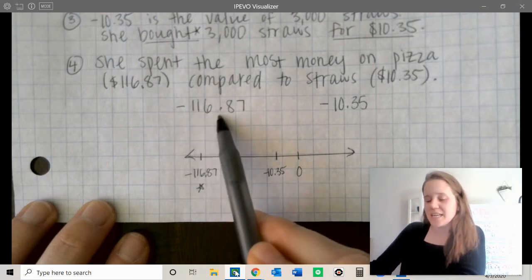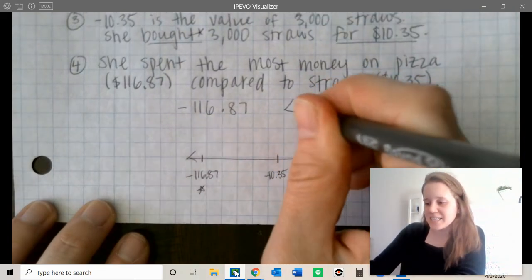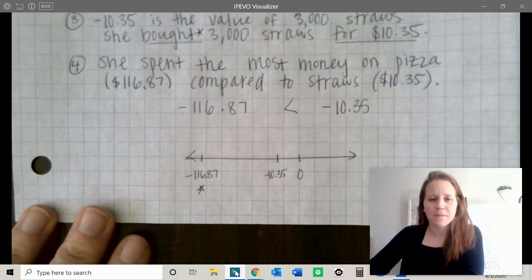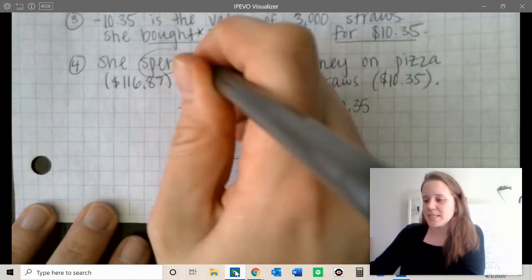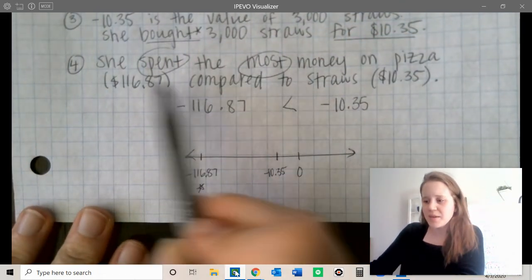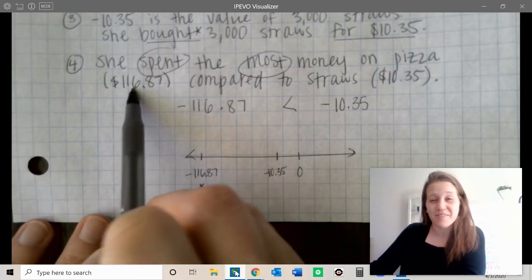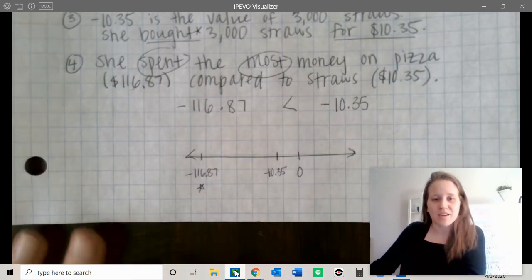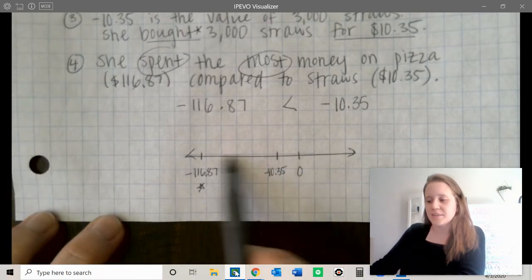Negative 116.87 is less than negative 10.35. When I say she spent the most, I actually picked the number with the least value. Isn't that interesting? Spending the most is actually talking about how far from 0 are we?